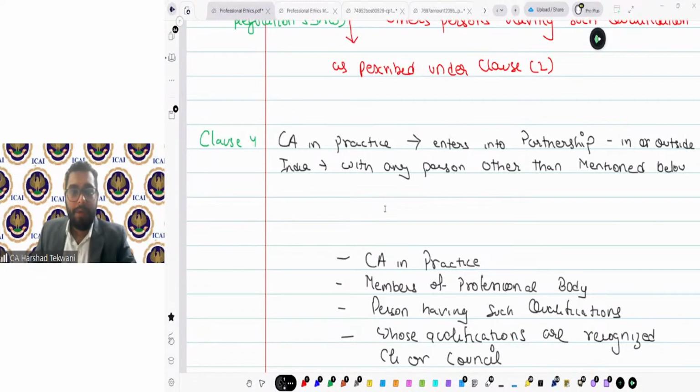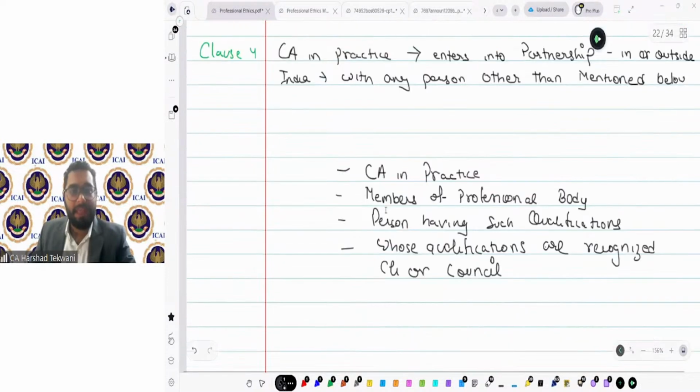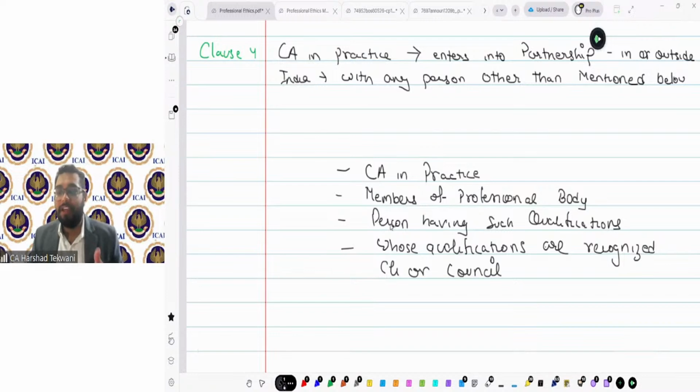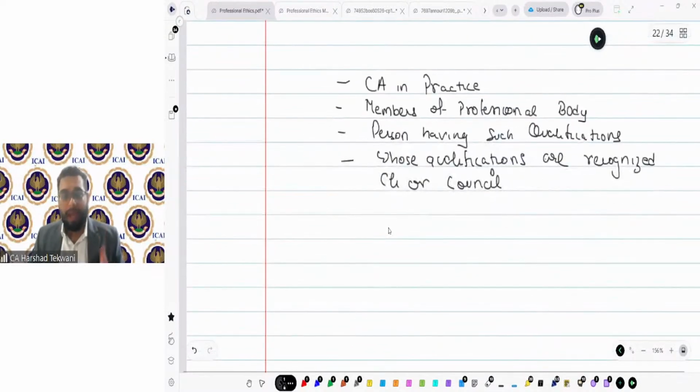Okay. Now, we have seen Regulation 53A3, such qualifications. But there is another requirement here: whose qualifications are recognized by the central government or council for the purpose of permitting such partnership. So again, there is another regulation which will come into place.